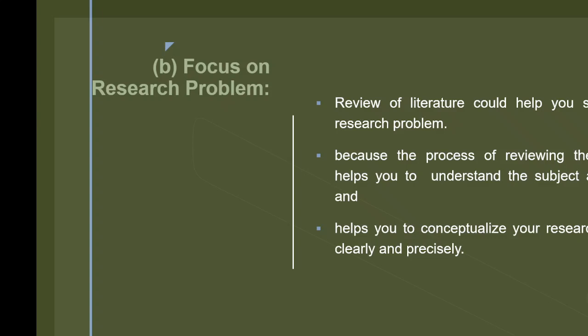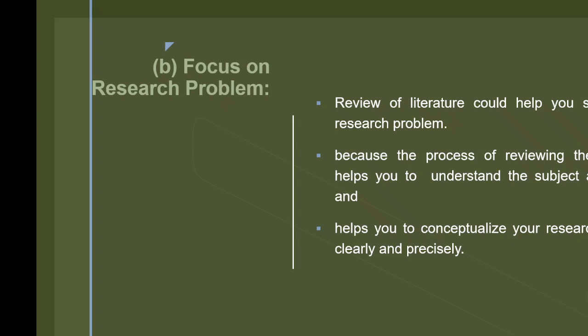Then focus on the research problem. Reviewing literature could help you shape your research problem, because the process of reviewing the literature helps you to understand the subject area better and also to conceptualize your research problem clearly and precisely.